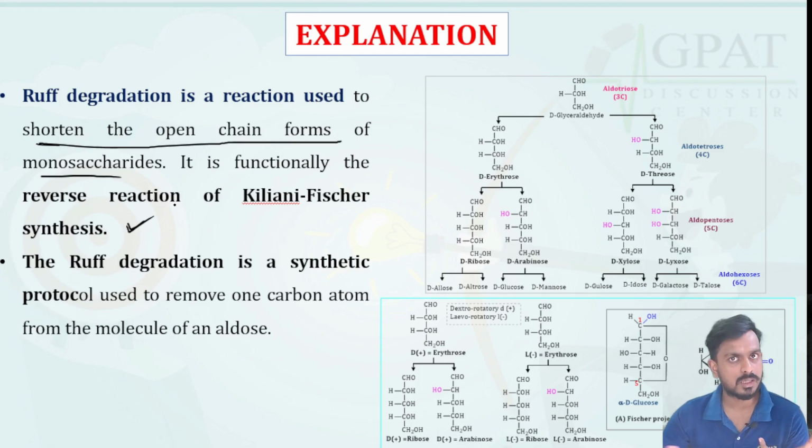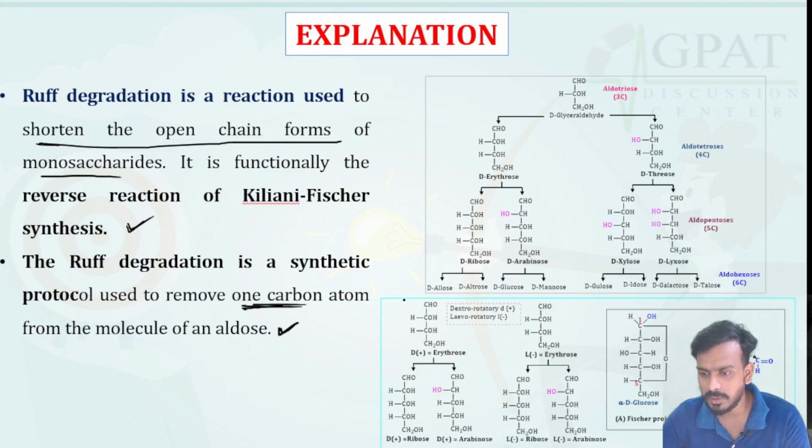So what is the difference between Kiliani-Fischer synthesis and Ruff degradation? In Kiliani-Fischer synthesis, there is an increase in chain, that means an increase in carbon number in the open chain compound. In Ruff degradation, it is just the opposite, that is a reduction in carbon. The Ruff degradation is a synthetic protocol which is used to remove one carbon atom from the molecule of an aldose.